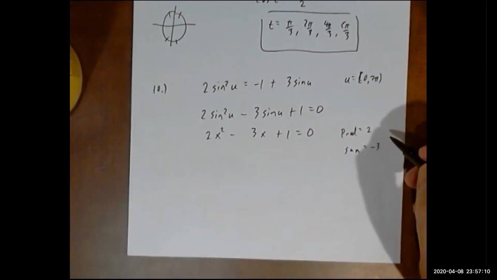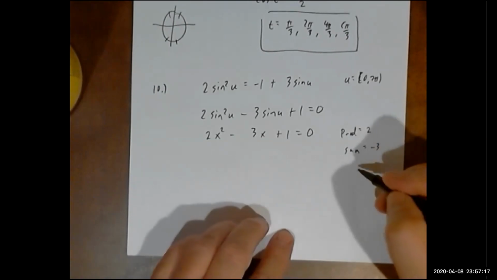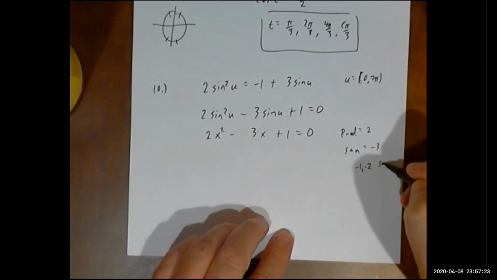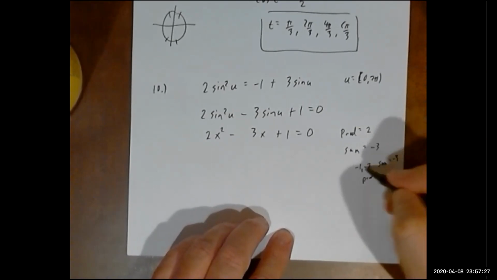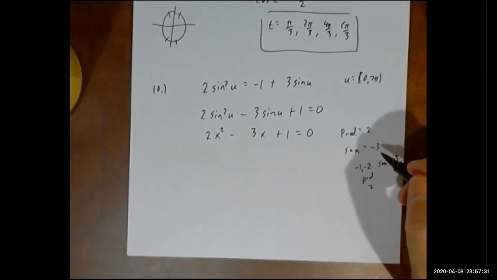Now I can think of two numbers that if I multiply them together equal 2, but when I add them equal -3. And actually, -1 and -2, if you add them, you take the sum, it's -3. But when you multiply them, take the product, it's 2. And that meets my requirement.